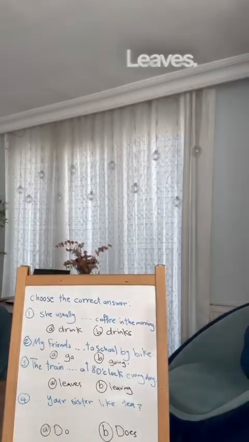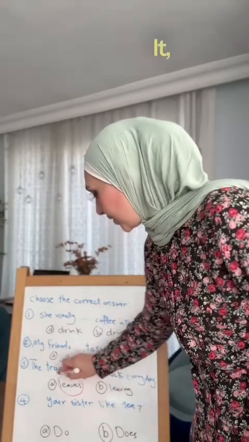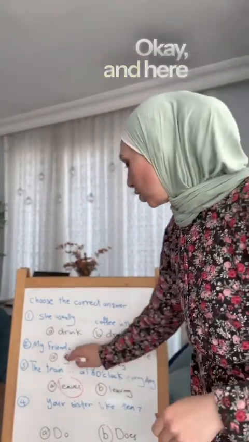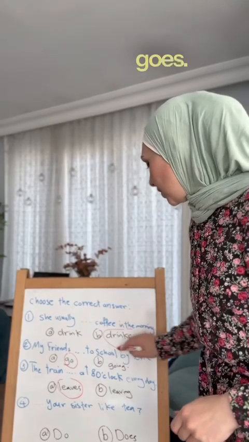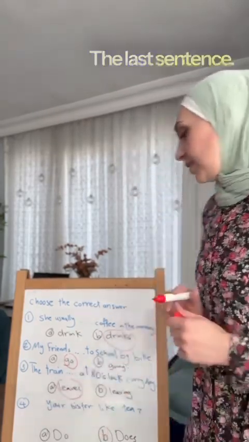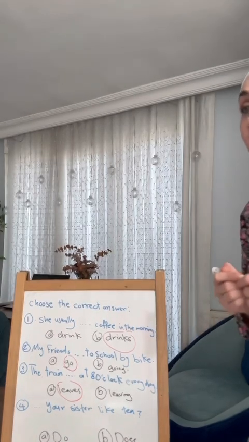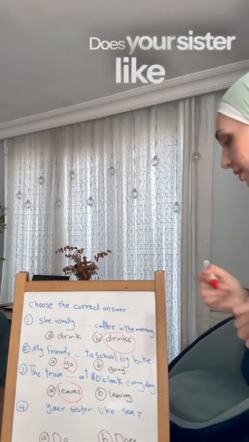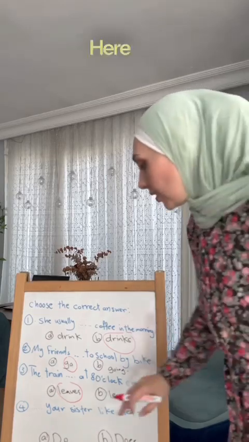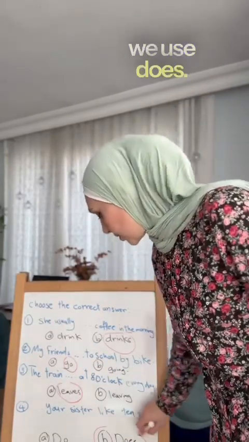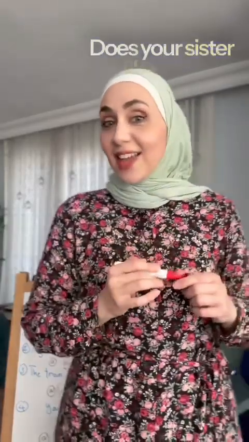Leaves. Very good. The last sentence, does your sister like tea? Very good. Here in the fourth sentence we use does. Does your sister like tea?